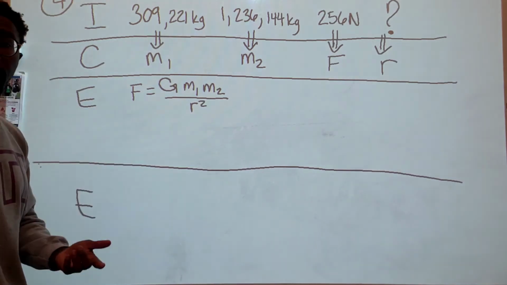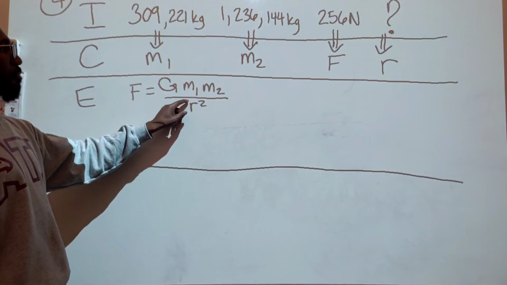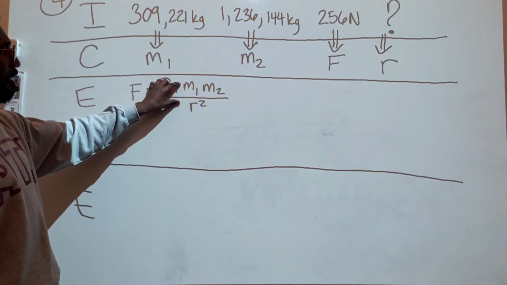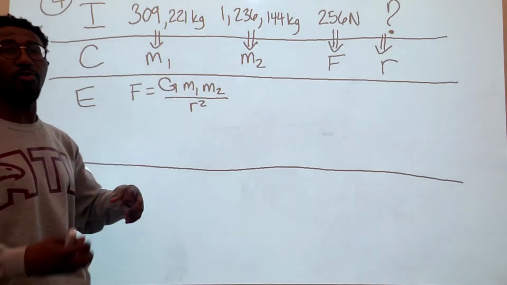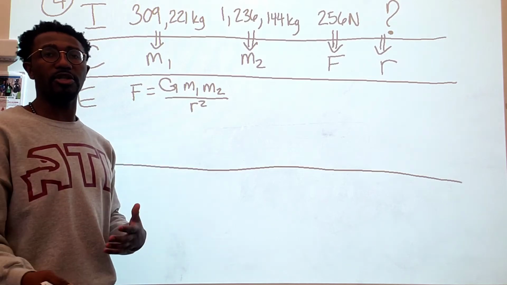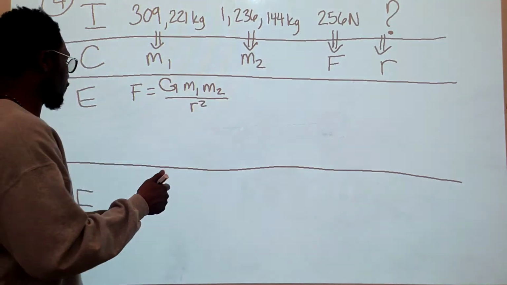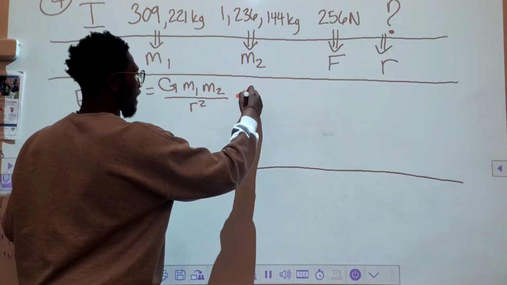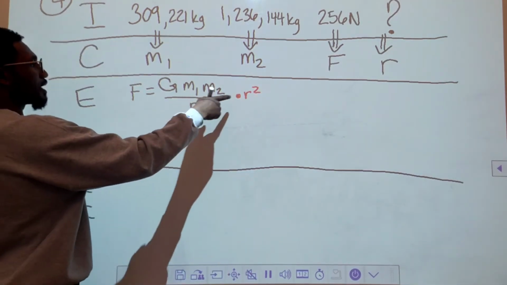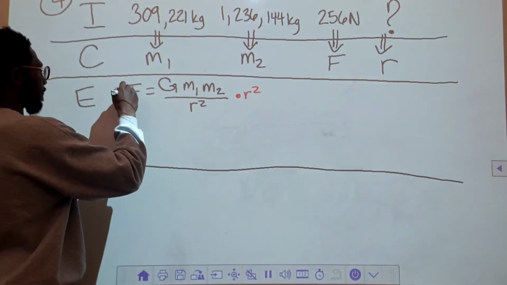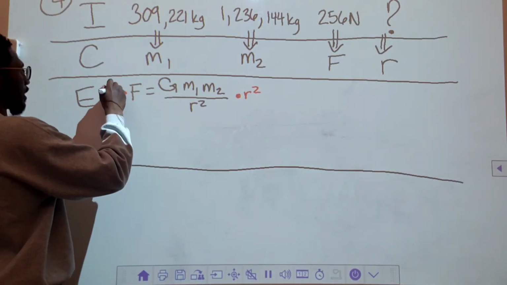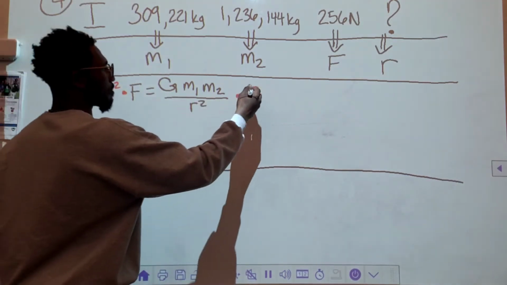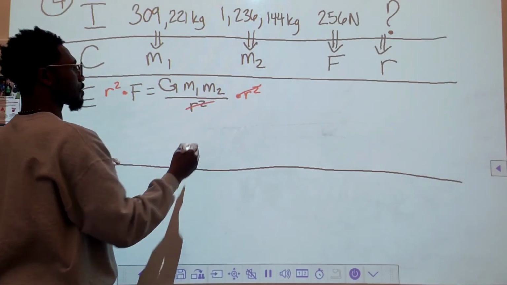The way we do that is we multiply, because if r is connected through division, then we're going to move it by doing multiplication. We need to disconnect it. So we're going to multiply by r squared on both sides so that we can disconnect this r. Let me cross out the r squared.